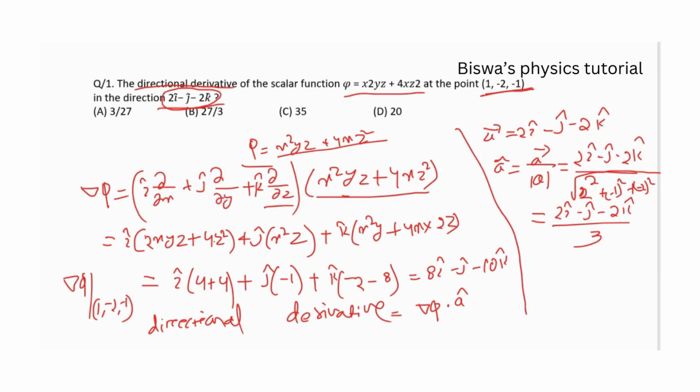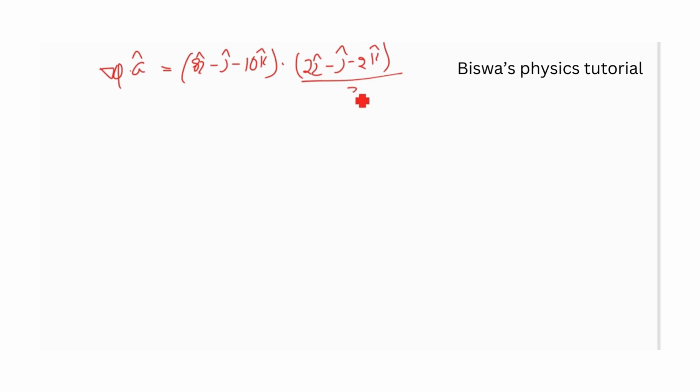Now the directional derivative is grad phi dot a cap. It's 8 i cap minus j cap minus 10 k cap, our grad phi, dot product with a cap, which is 2 i cap minus j cap minus 2 k cap, whole divided by 3.